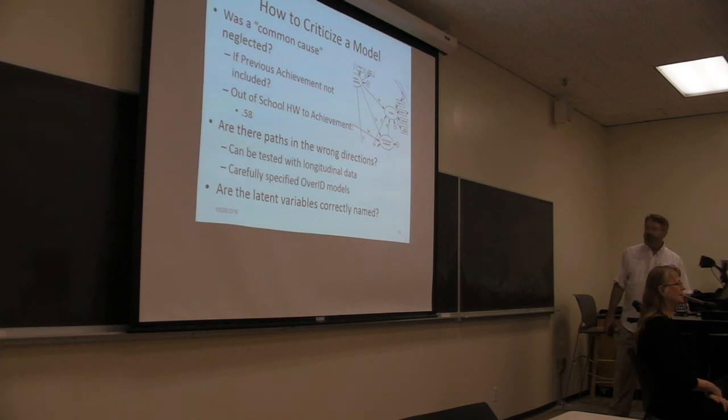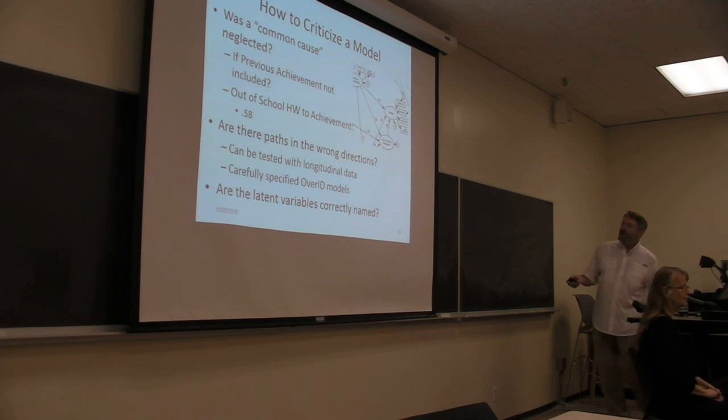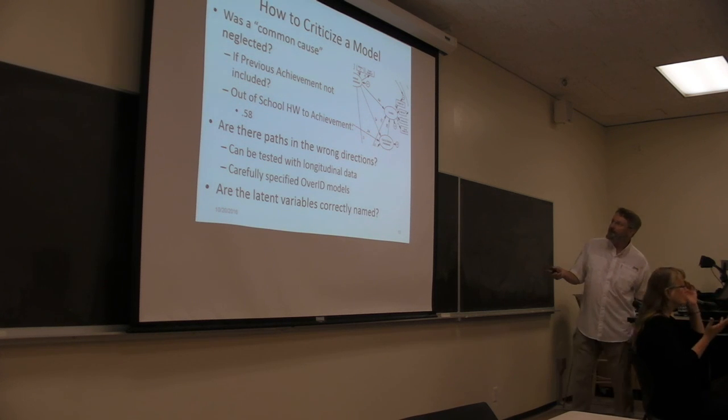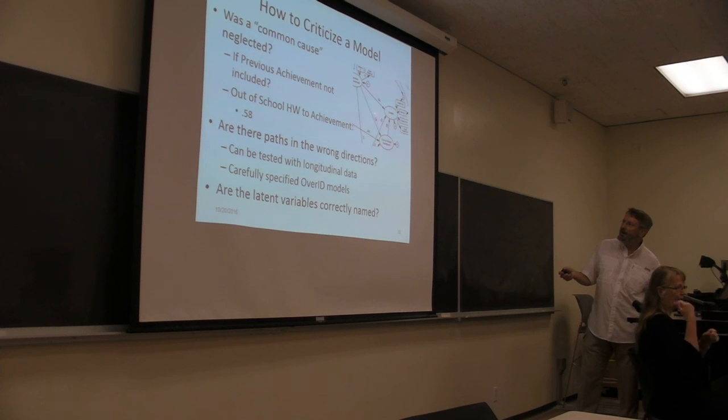If you want to criticize the model, here are your two primary things to think about. Was a common cause neglected? What does that do? Well, as you can see in this model here, previous achievement is a common cause. It influences both grades and out-of-school homework.